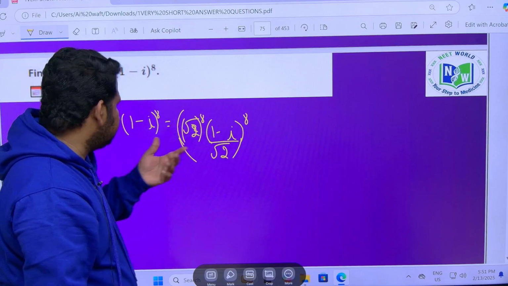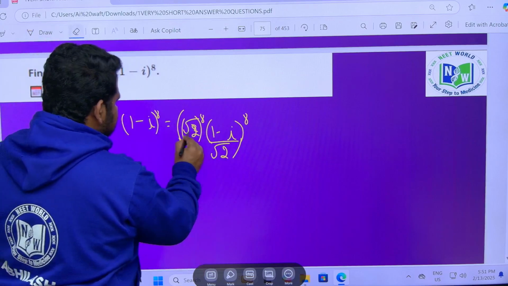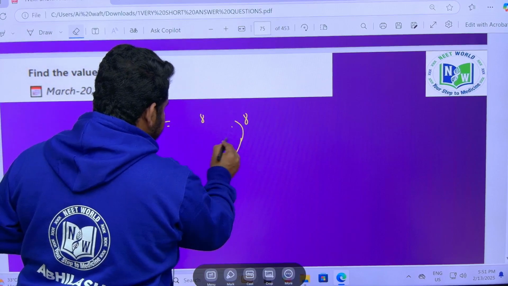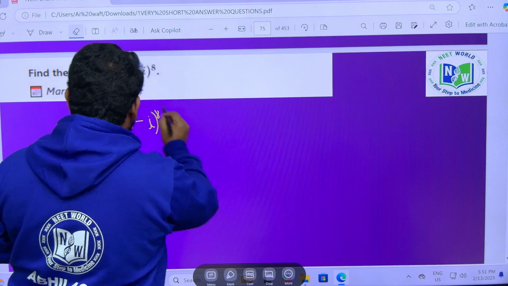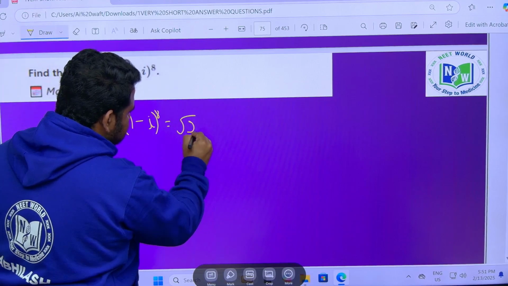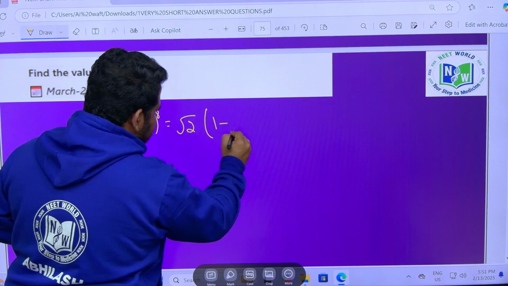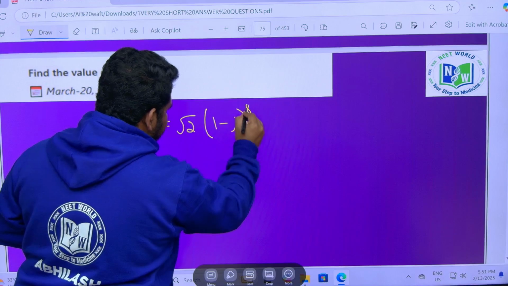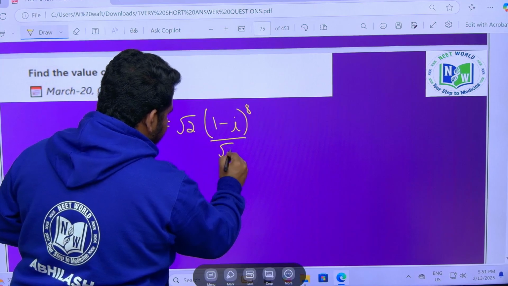If you want me to explain again, see here. If you write it outside, then we have to send it inside. So first I send it inside. For your understanding, let me write it again: root 2 into (1 minus i) to the power of 8, divided by root 2.